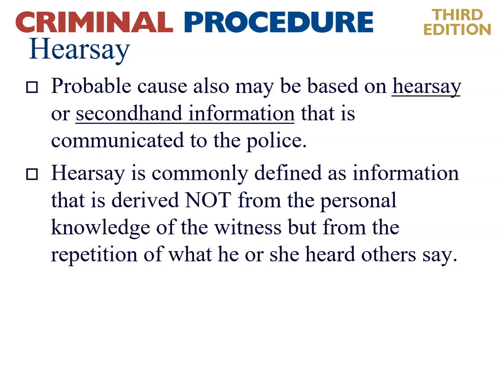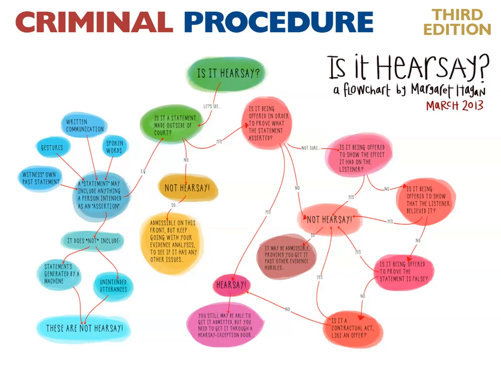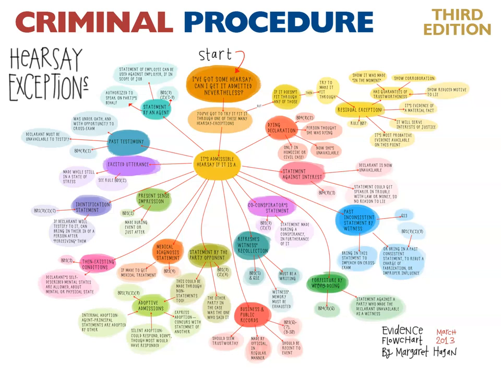So the information may come from different individuals. And it's kind of funny, I put this flow chart up there talking about is it hearsay, because hearsay can be very confusing. And then along with it is another interesting chart which is even more confusing, which is good because I want you to see how difficult it can be to understand sometimes, not just what is hearsay, but what are some exceptions to hearsay.